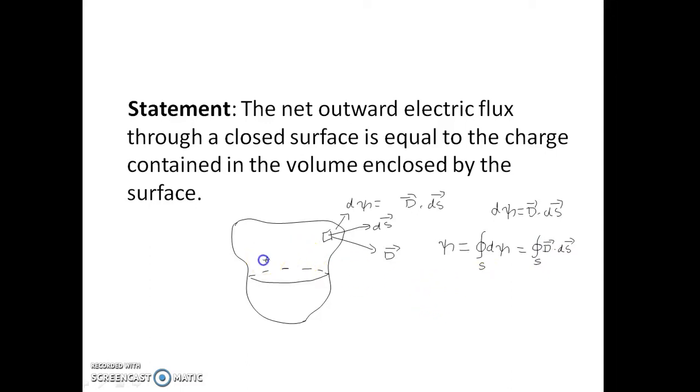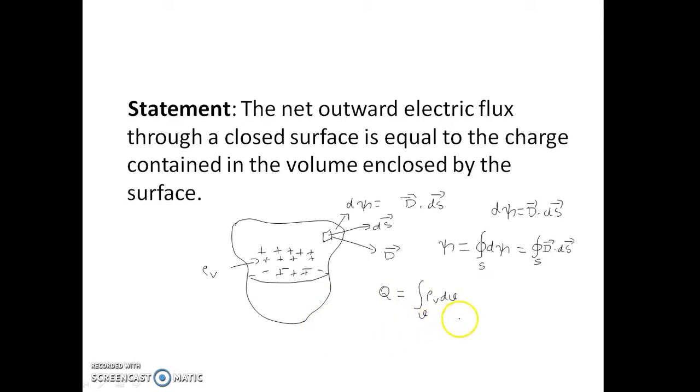And let us say the volume charge distribution within this closed surface is given by, let us say, rho v. So here the charge enclosed within the volume enclosed by the surface is given by the volume integral of rho v throughout the volume enclosed by the surface.